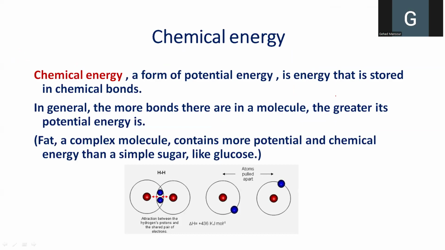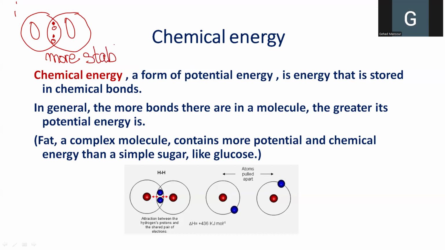Take the example of the two oxygen atoms that bonded together and formed two covalent bonds. Of course, as we said before, the molecule is now more stable than the atom. An oxygen molecule, again, is more stable than the oxygen atom.